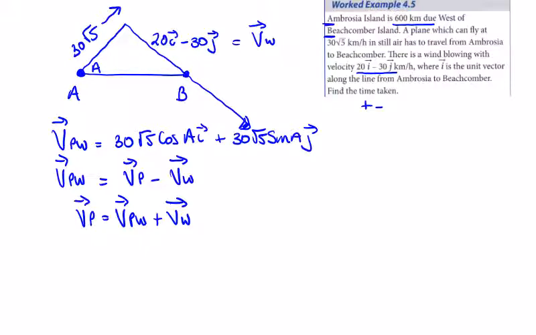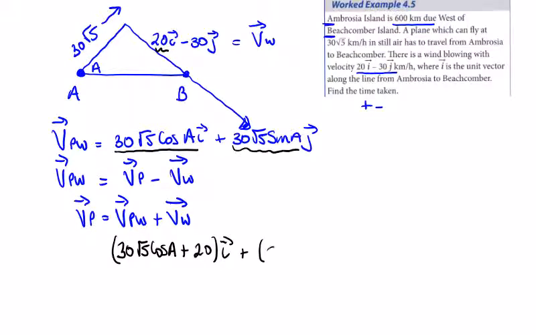So adding my I components, I've got 30√5 cos A plus my 20 in the I direction, and in the J direction I have 30√5 sin A, and it's going to be minus 30 in the J direction.